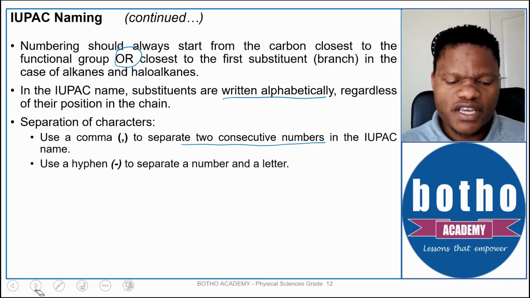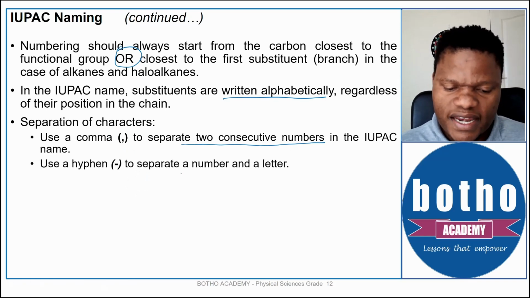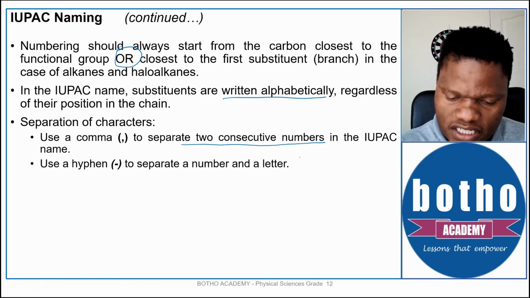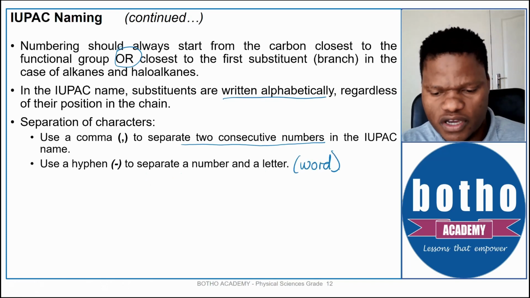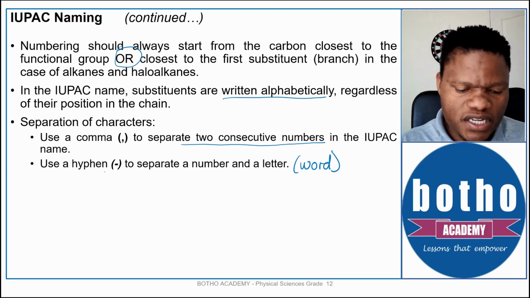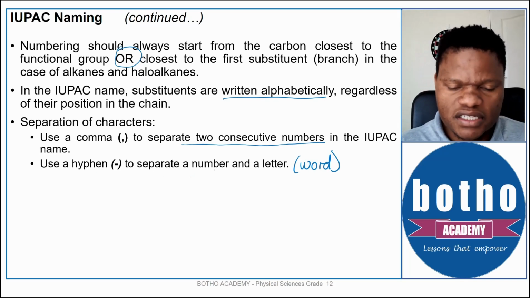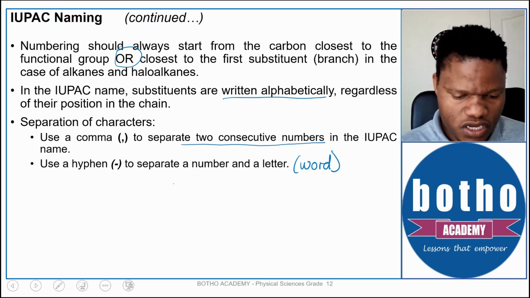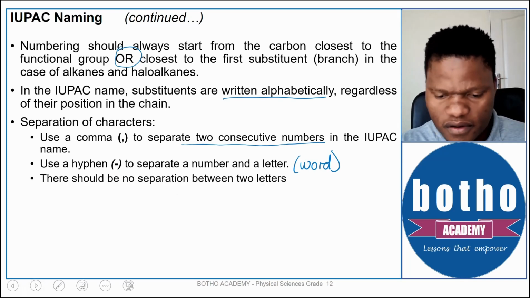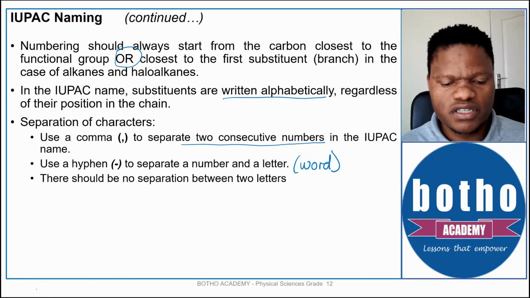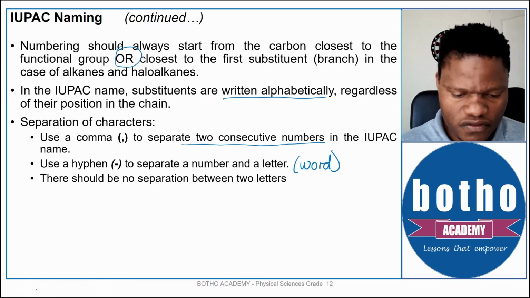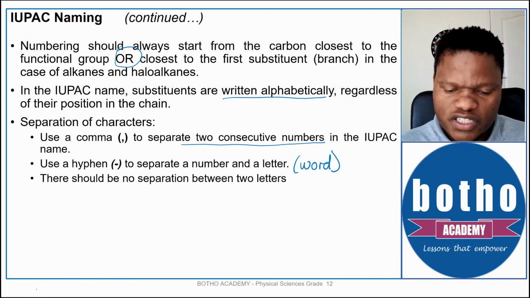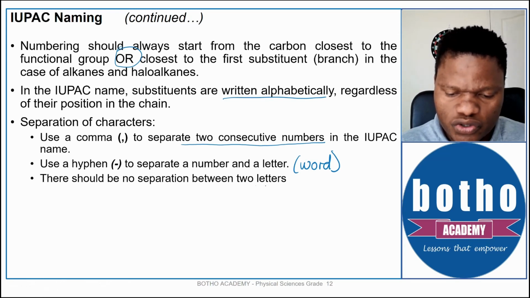Then you use a hyphen to separate a number and a letter being a part of the word, just to make sure that we are all clear there. So you separate the number and the word with the hyphen, which is going to separate the prefix from the parent most of the time. Okay, there should be no separation between 2 letters or between 2 words.